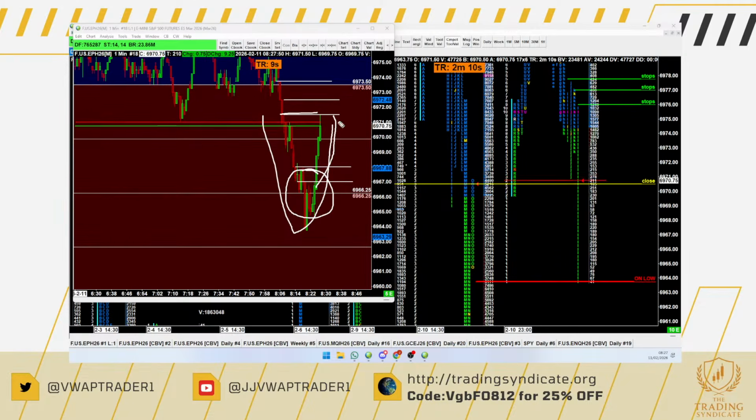See how there's sellers here? We stop there to the tick. See? It's not rocket science. And if enough people shorted under 67, they're going to push price all the way back up to 73.5.